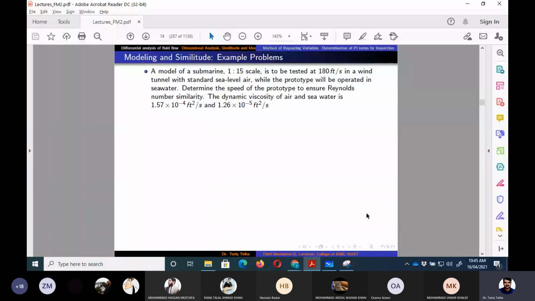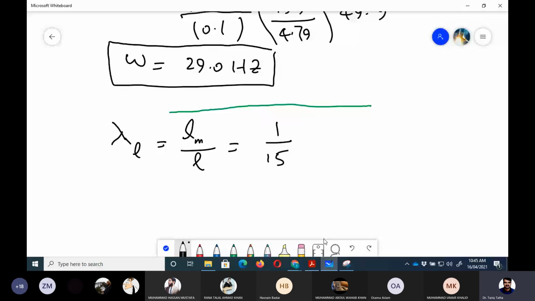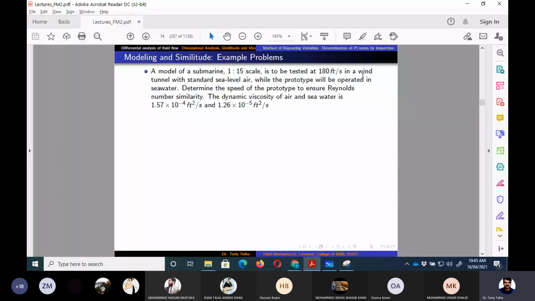This 180 feet per second is the value of velocity in the wind tunnel, with standard sea level air.